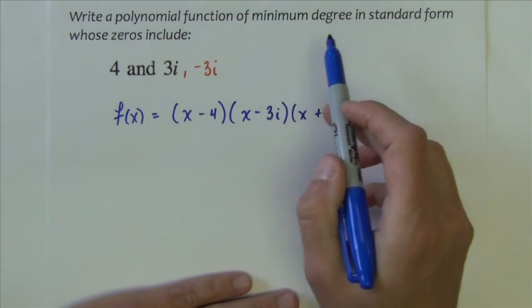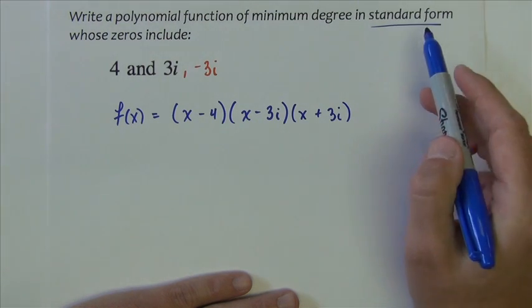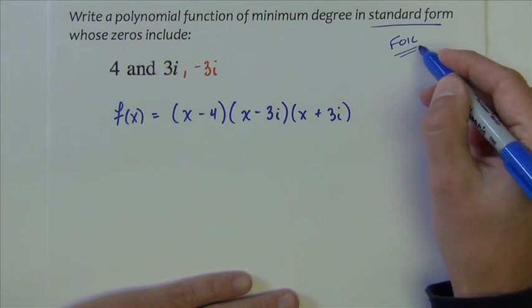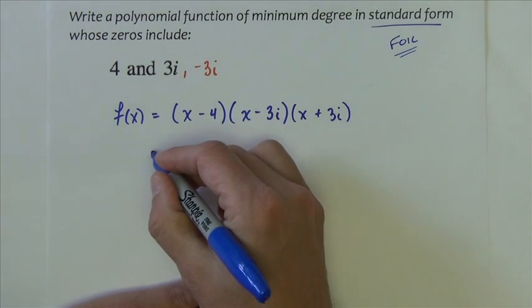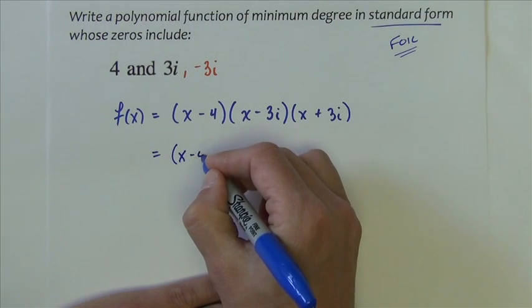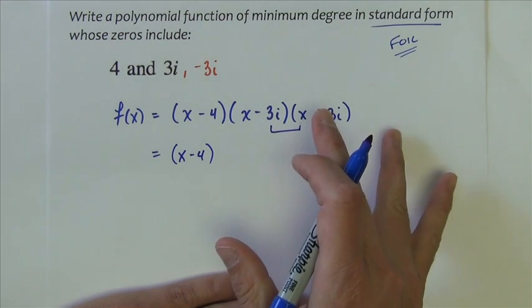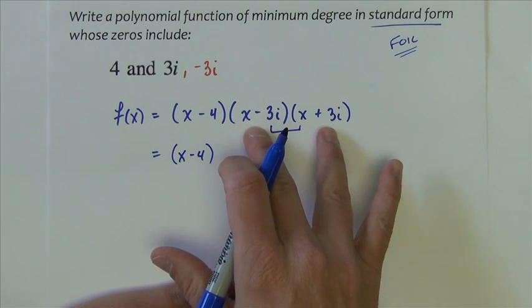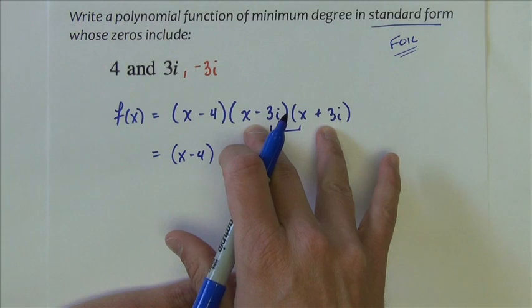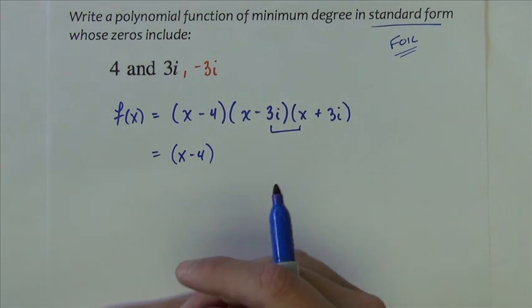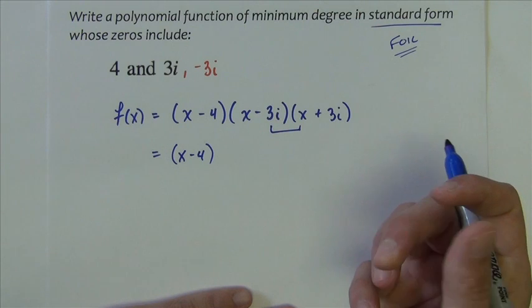And now to get it into standard form, we're just going to do a lot of foiling, or repeated foiling. Okay. Now I'm going to begin with these two. Always do the plus minus pairs first, the conjugate paired complex zero factors first. Okay, it's going to create opportunities to cancel very nicely.